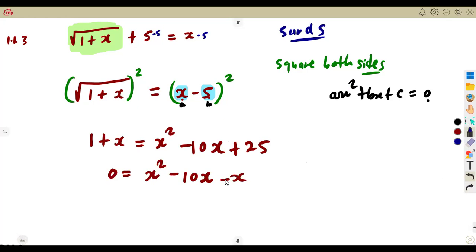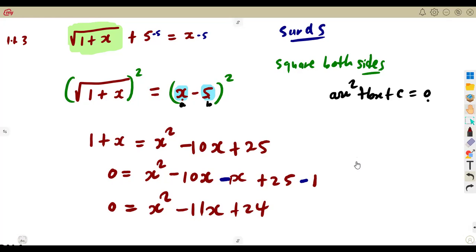Remember, it was a positive, so it becomes a negative. Plus 25. We take the 1 to the other side. It was a positive. The moment it crosses the equal sign, it becomes a negative. So 0 is equal to x squared minus 10 minus 1 here, that's minus 11x. 25 minus 1, that's 24. So this is what we have.